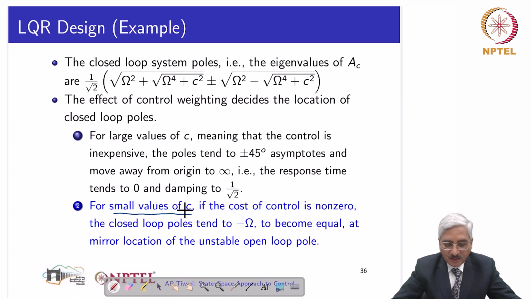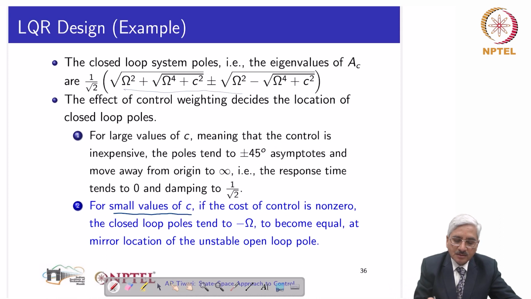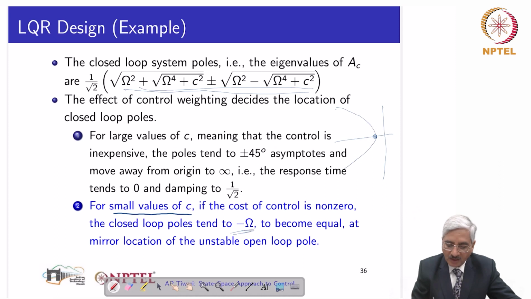Then we can analyze these to see that poles become almost minus omega. So I was trying to plot the root locus. The poles will be here, minus omega, giving a critically damped system. The two roots become equal, giving a critically damped system.